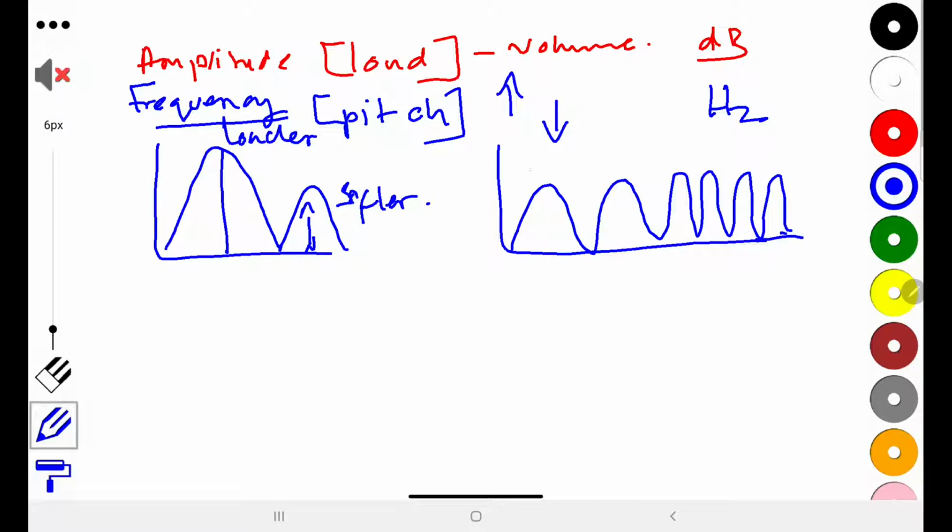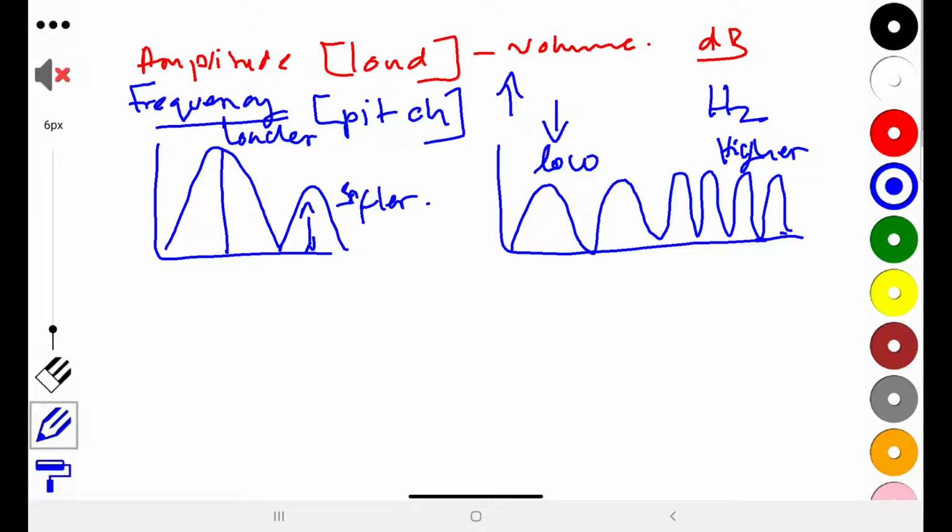Okay, so here what you hear is a low pitch, and what you hear here is a higher pitch. I hope you can tell that. So it is low or high. It is soft or loud. All right. So the latter is amplitude, and the former was frequency.